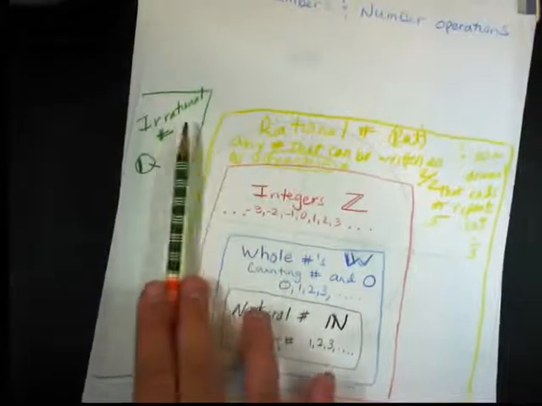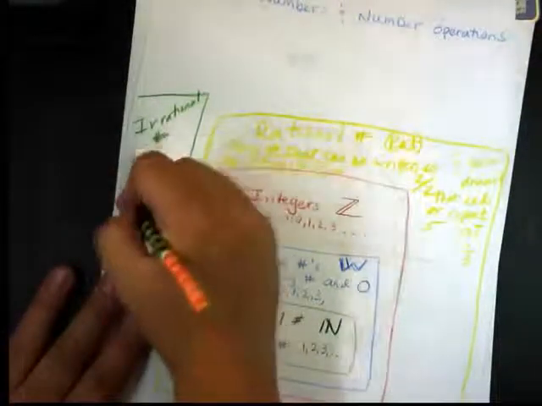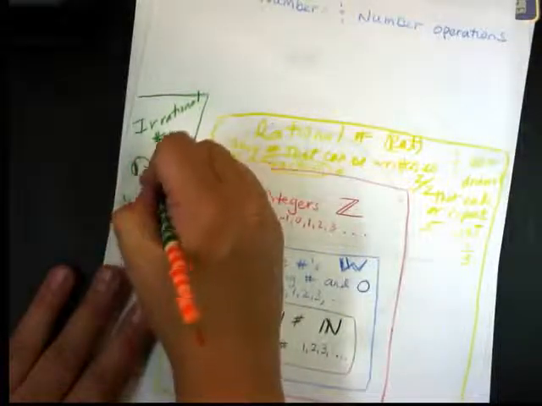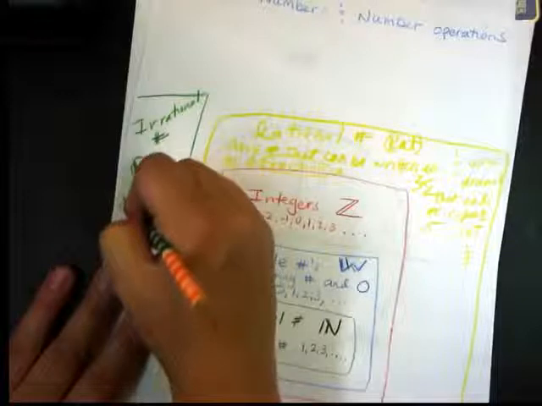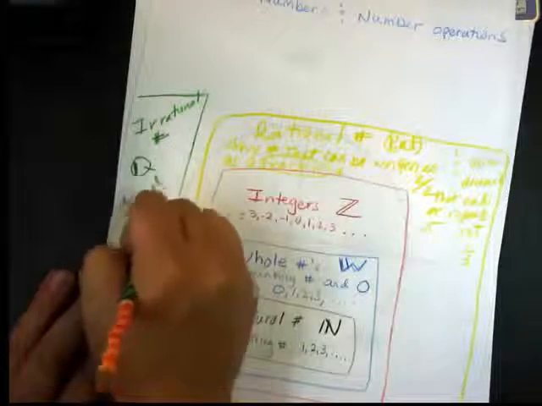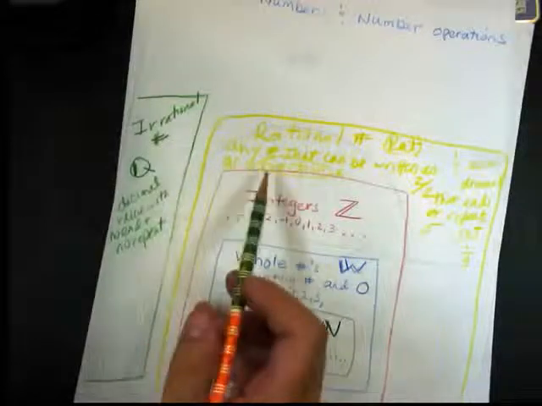An irrational number is only a decimal value with no end and no repeat. Because if it ended, it would be rational. If it repeated, it would be rational.